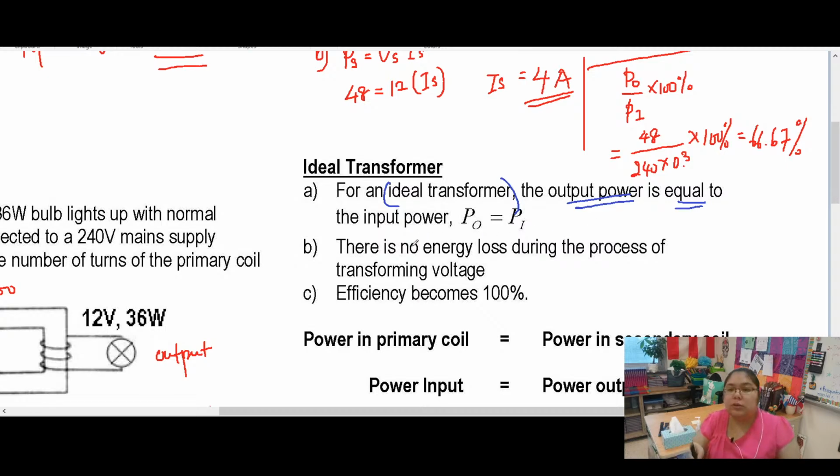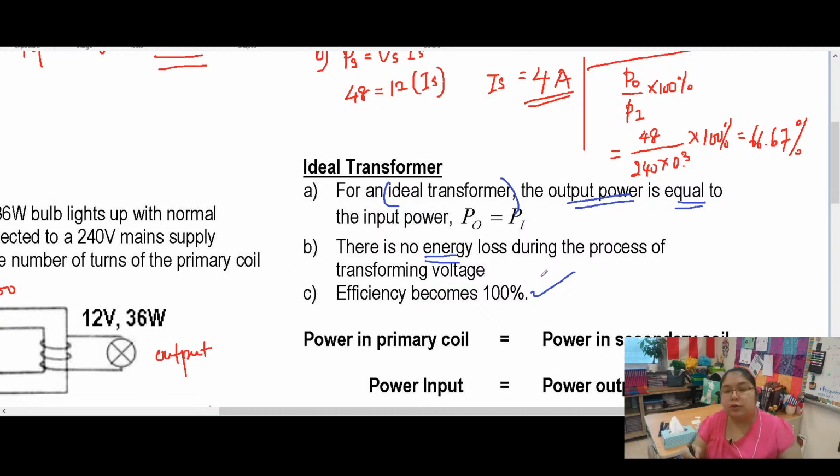So that means if I give you 100% from the input, then your output also gets 100%. So we say the efficiency is perfect, and we call this an ideal transformer. They never lose anything. So there is no energy loss during the process of transforming the voltage. Efficiency 100%. So this situation we call an ideal transformer.